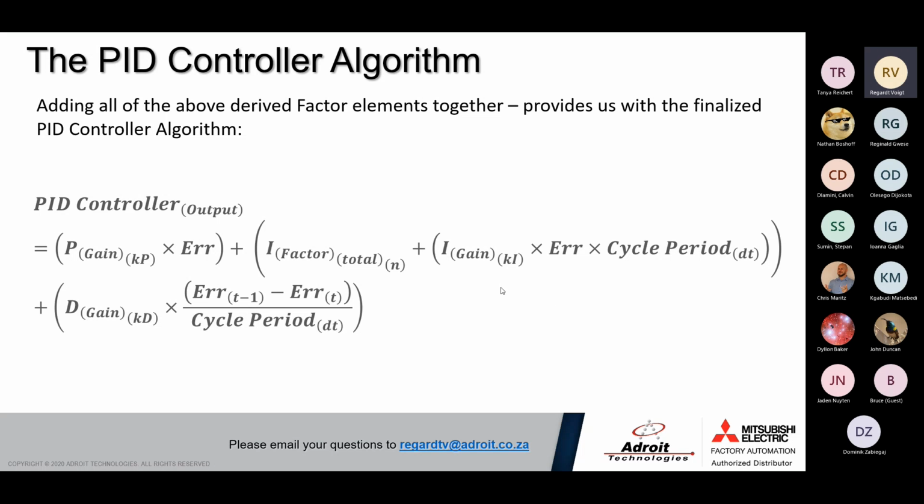The output will still be the same, the principle is the same, but they do move certain factors around and make small fine-tuning internal to the PLC. But this formula is the generalized accepted formula for general PID control, which will also apply to our demonstration a bit later on.